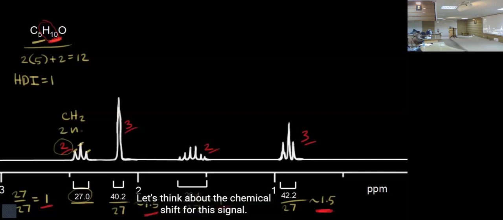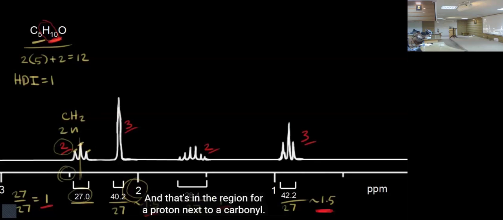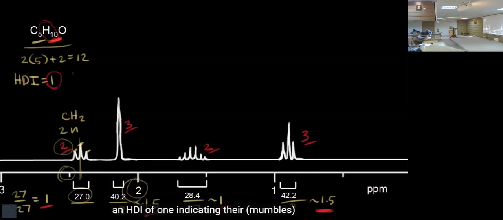Let's think about the chemical shift for this signal. The chemical shift is between 2 parts per million and 2.5, and that's in the region for a proton next to a carbonyl. That would make a lot of sense because we calculated an HDI of 1, indicating there might be a double bond present, and we need to account for an oxygen in our molecular formula.